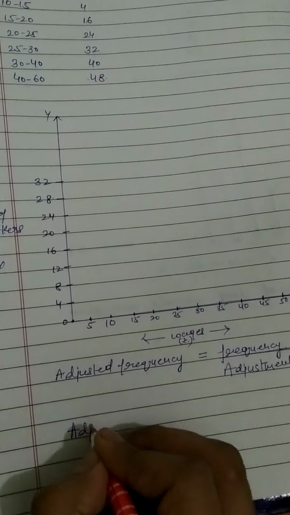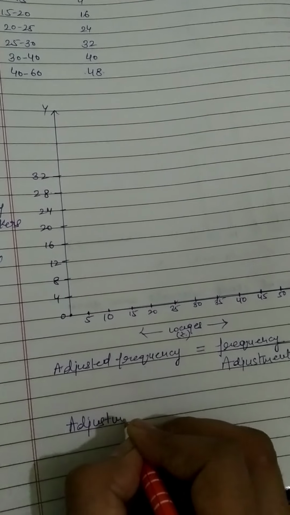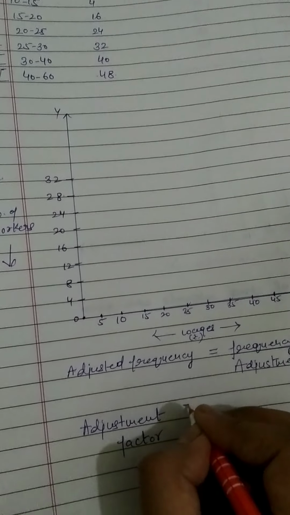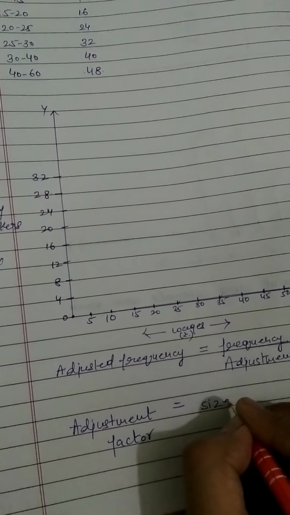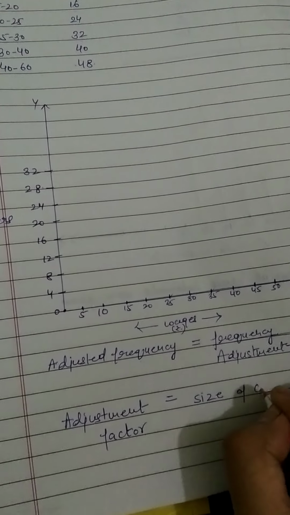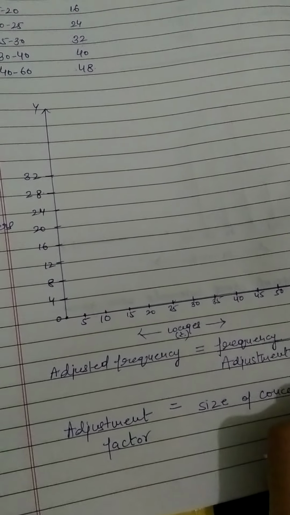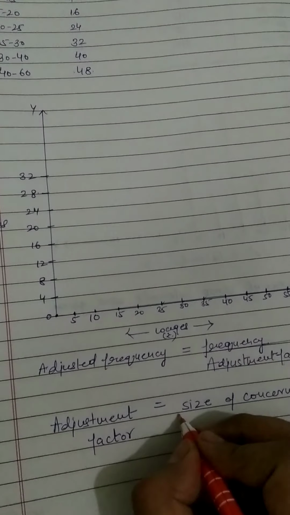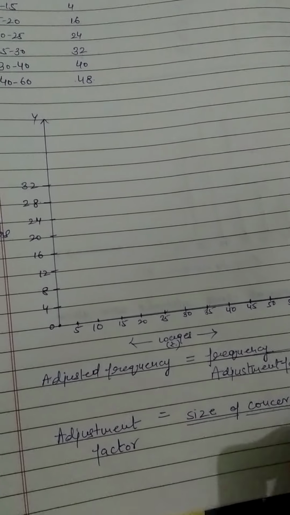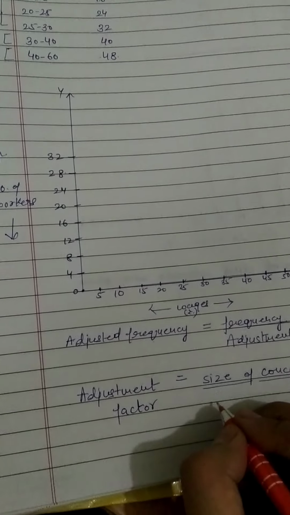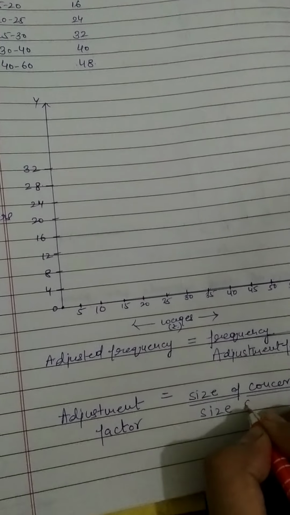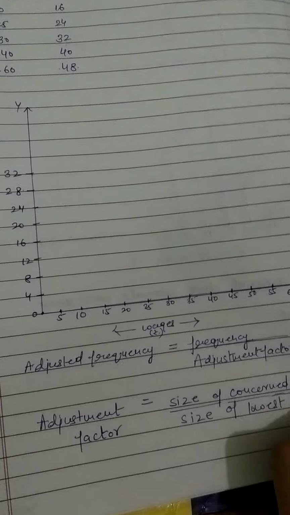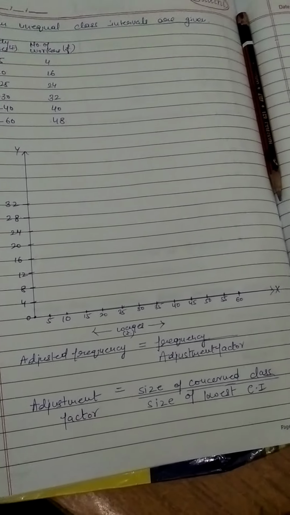There is also a formula of adjustment factor, that is size of concerned class divided by size of lowest class interval.